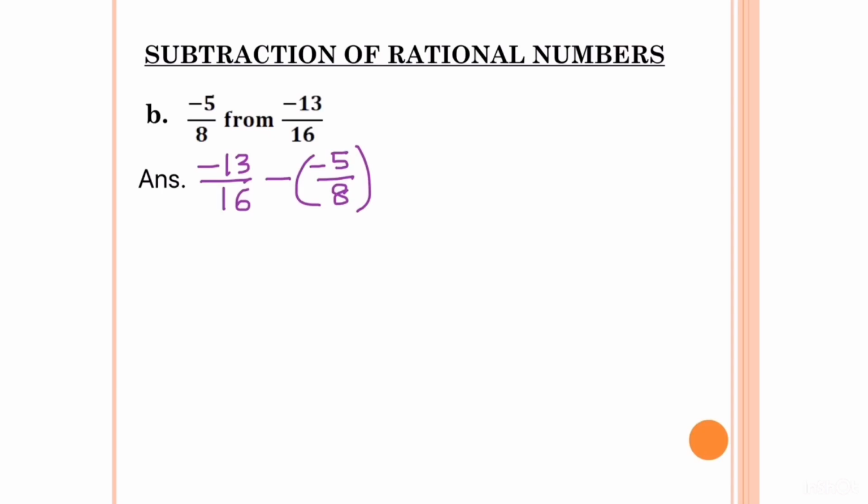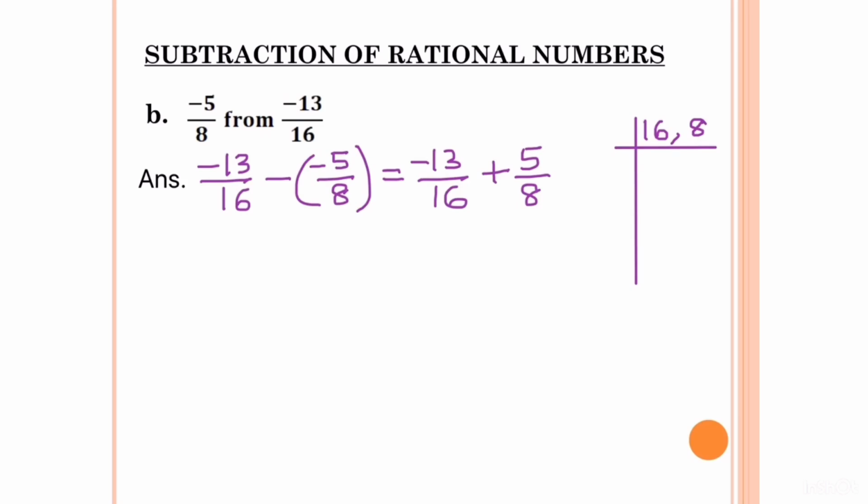This expression is equal to minus 13 by 16 minus of minus is plus 5 by 8. Since the denominators are not the same, we will find the LCM of the denominators. So let's find the LCM of 16 and 8.